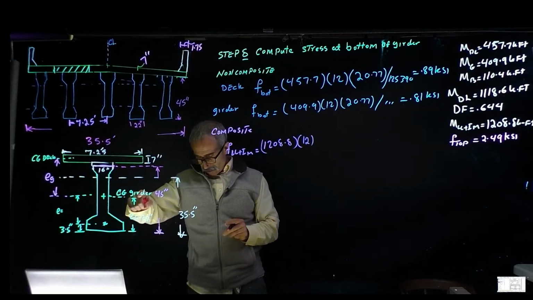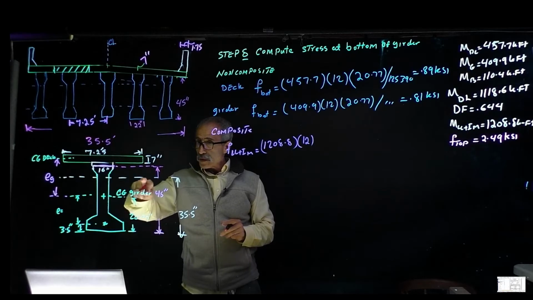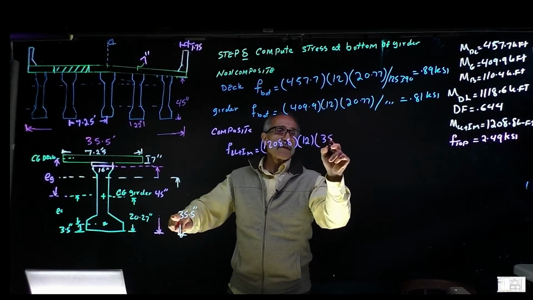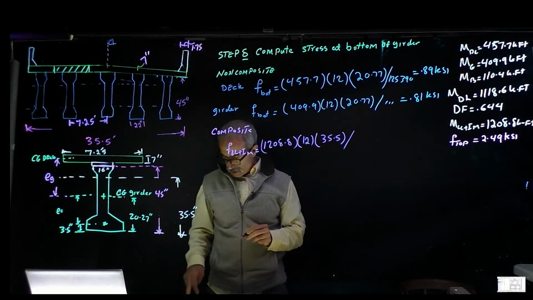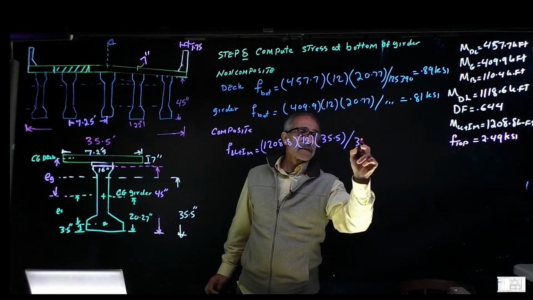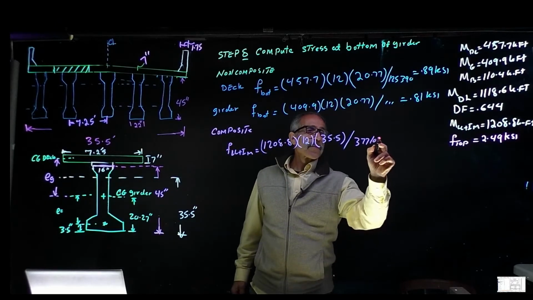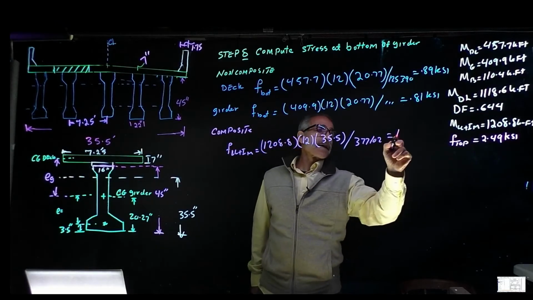It's just like as before, what came out from the bottom to here, we said is 35.5 inches. 35.5, and divide that by the composite moment of inertia, which was 377,000 and a change, which was 102. And that comes out to 1.36 KSI.